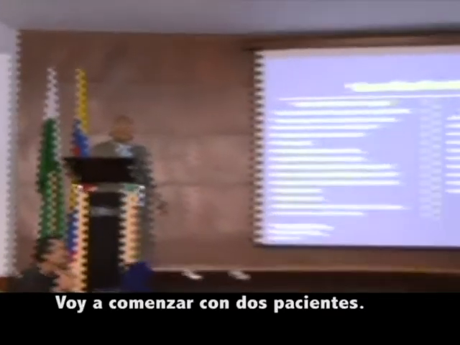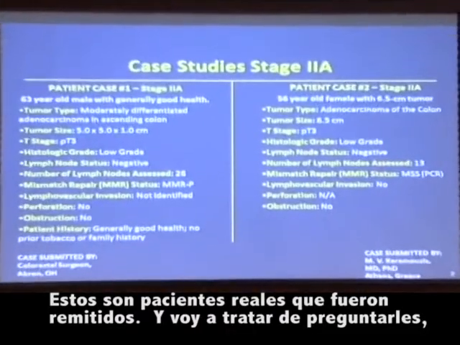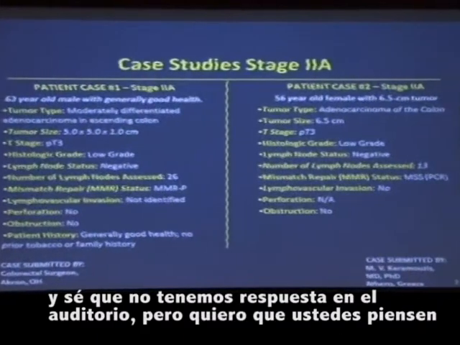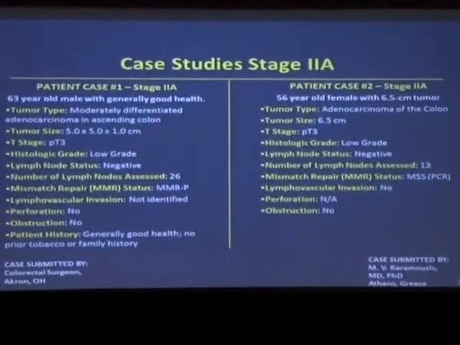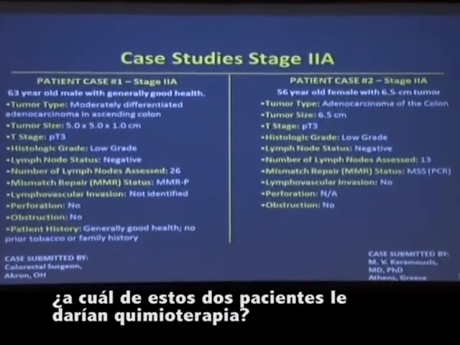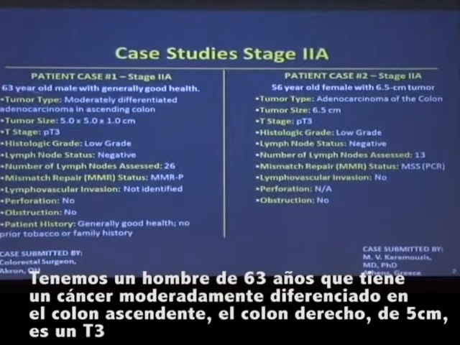I'm going to start off with 2 patients. These are actual patients that were submitted, and I know we don't have the audience response, but I want you to think about which of these 2 patients would you give chemotherapy, okay? So we have a 63-year-old male, has a moderately differentiated cancer in the ascending colon, right-sided colon, 5 centimeters in size.